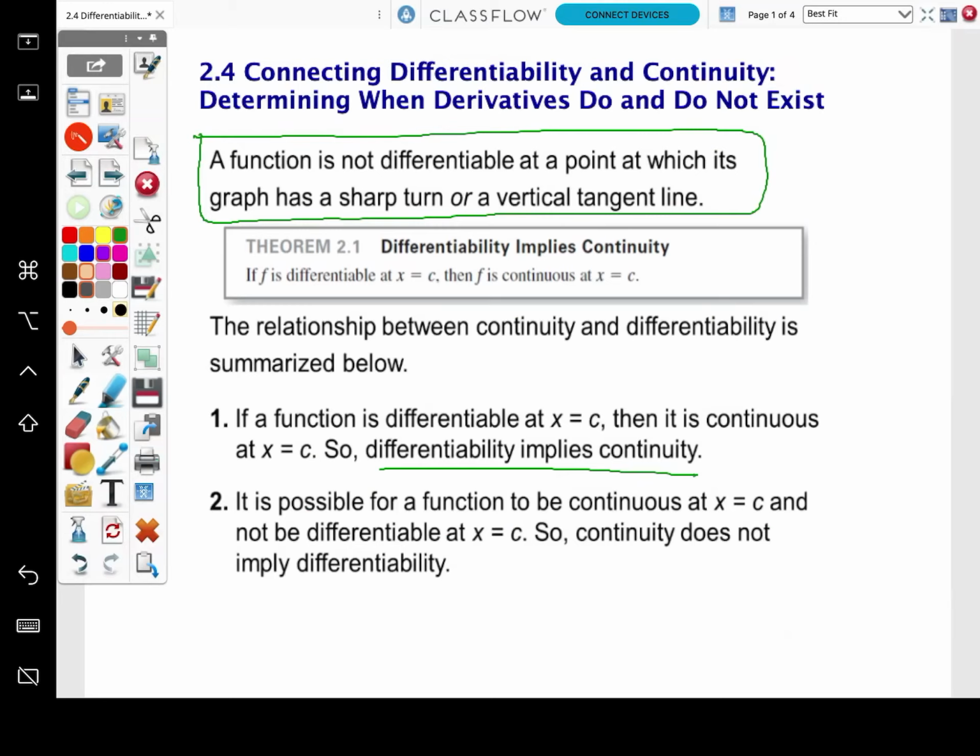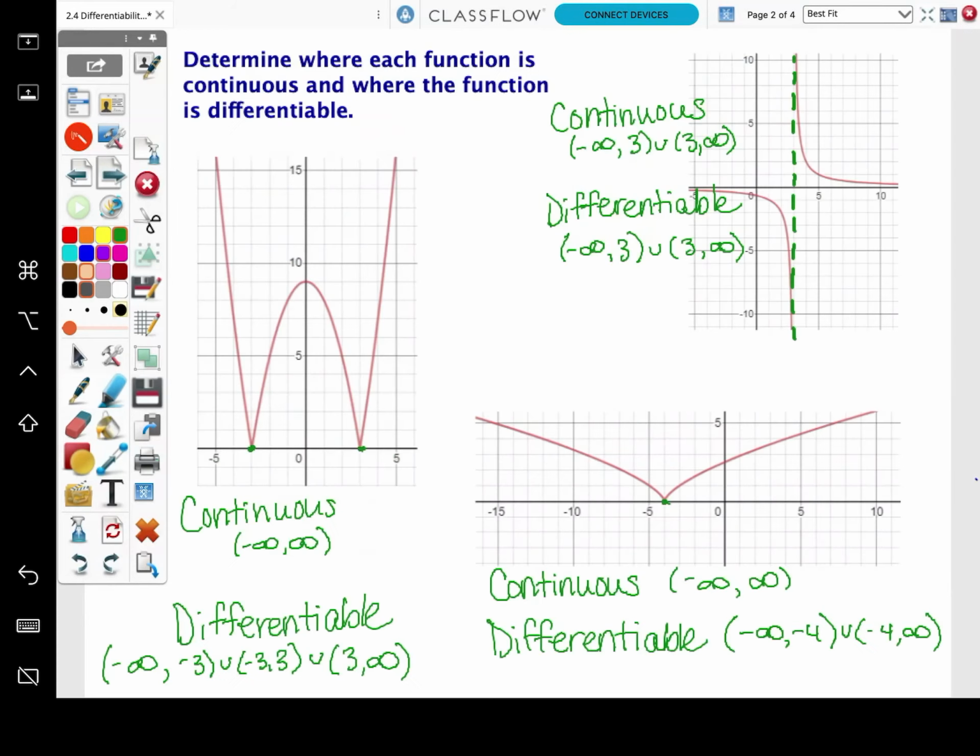Okay, however, the opposite is not true. Just because a function is continuous at a c value does not mean it is differentiable. So we can have continuous functions that do not have derivatives at certain points. And again, we'll see those here very soon. So it is important to remember that differentiability implies continuity, but not the opposite of that.